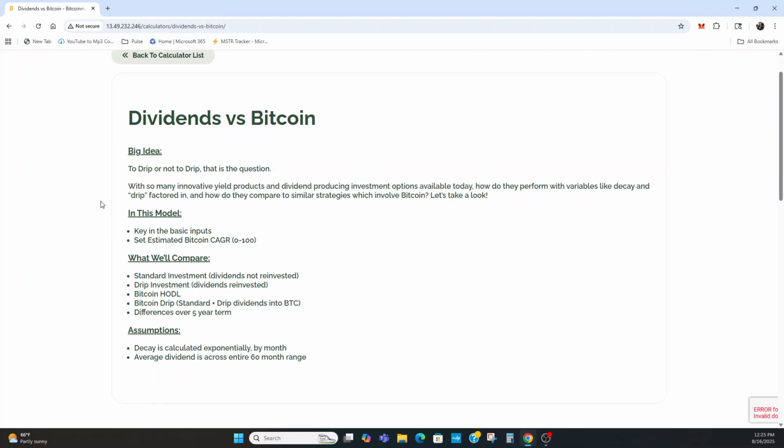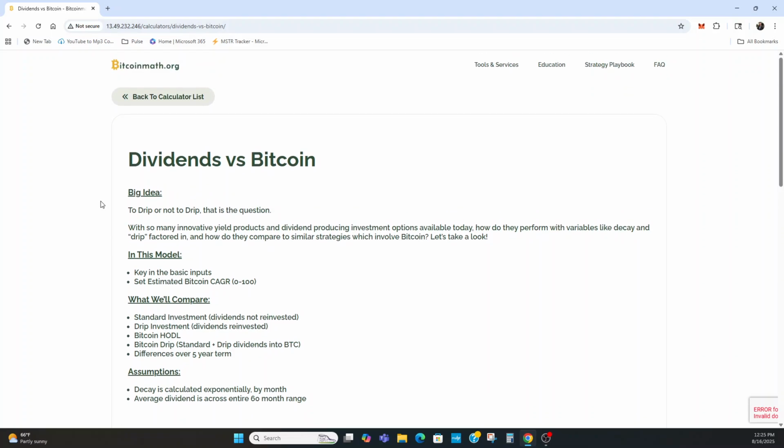So what this calculator looks at is really through a somewhat narrow lens in the investment world of not just equities, but really dividend producing equities and investments, things like MSTY, TSLY, and some of these other products from companies like YieldMax and really any others that produce a dividend.